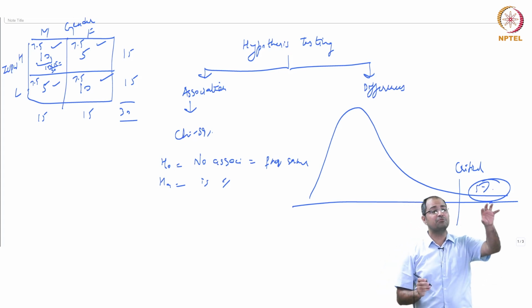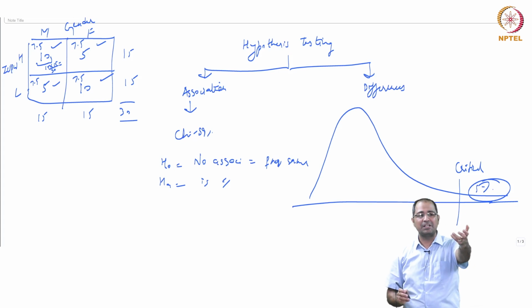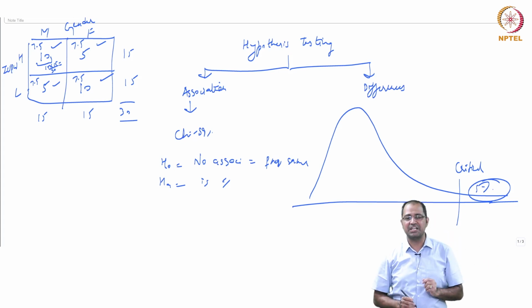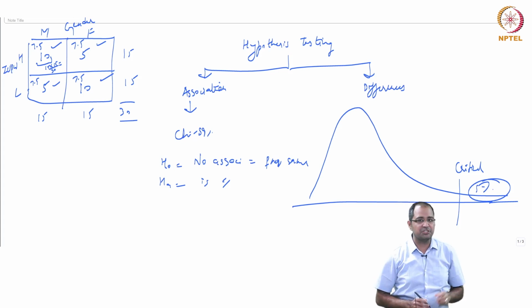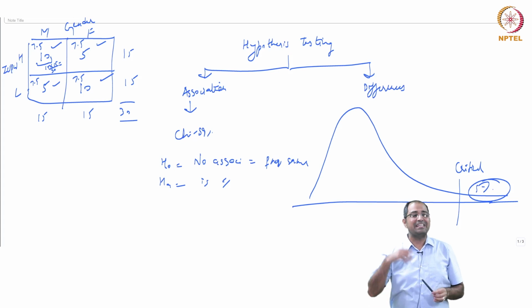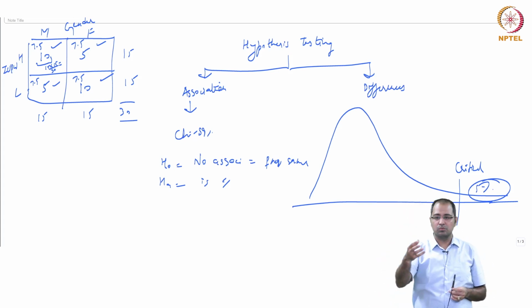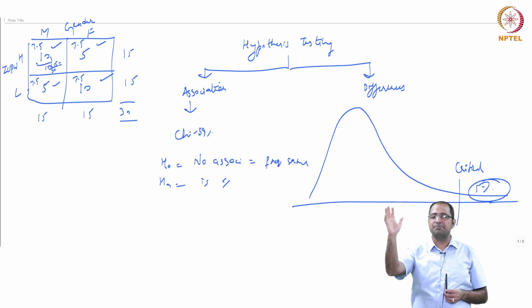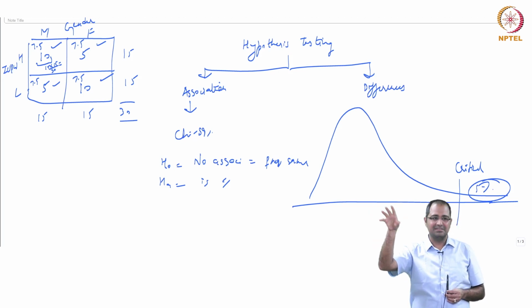That is the expected frequency: what the frequency should have been if the null hypothesis were true. 7.5 in each cell. And there is something called observed, which we got from the sample: 10, 5, 5, 10. If the null hypothesis is true, which means there is no association, the difference between the observed and expected should be less than the critical value.